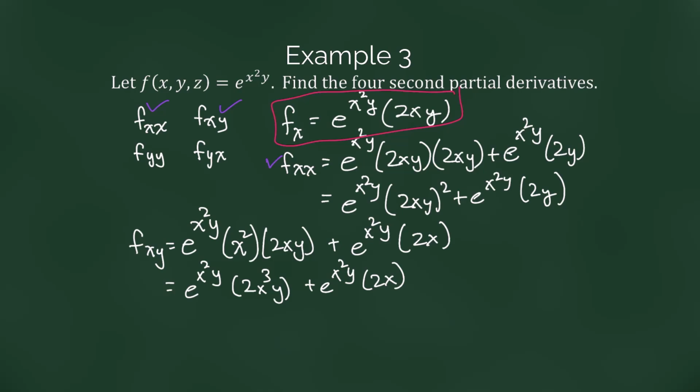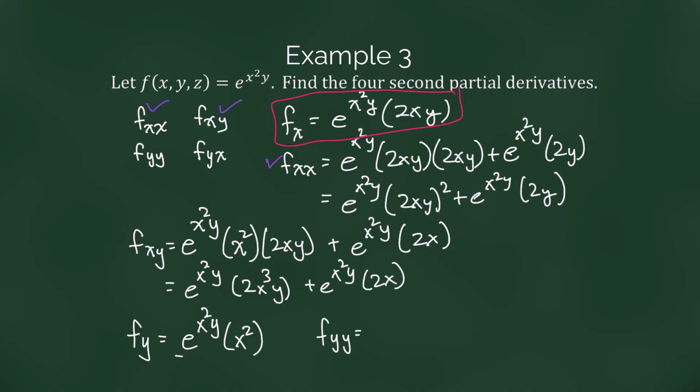Now we're going to go on to the y derivative. So f sub y is going to be e to the x squared y times the derivative of x squared y with respect to x, which is x squared. Take the derivative of that again with respect to y. We're using the product rule.